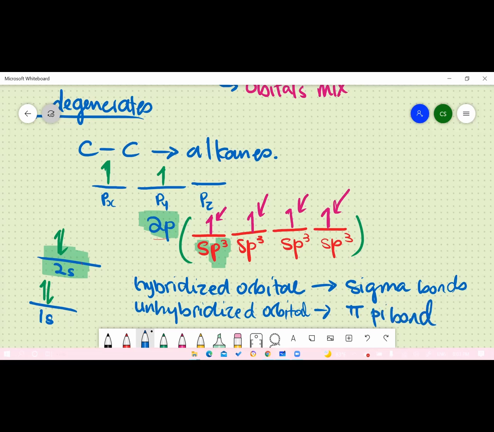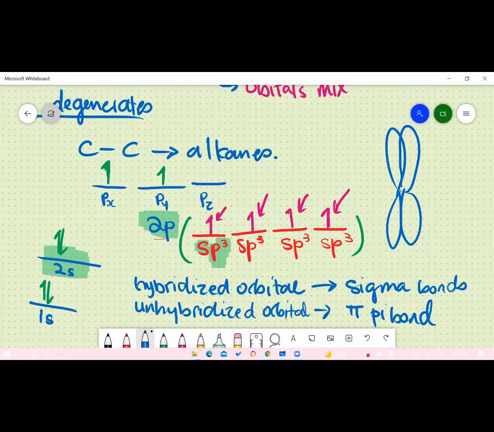And pi bonds are basically the p orbitals overlapping laterally. Remember last year I told you that bonds overall, covalent bonds, are formed by the overlapping of orbitals. Clear? Yes, I remember that.